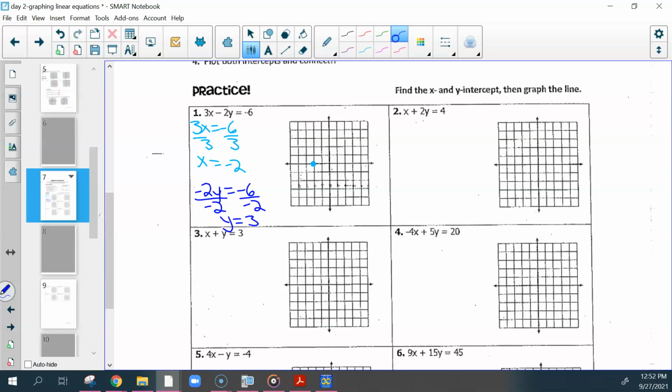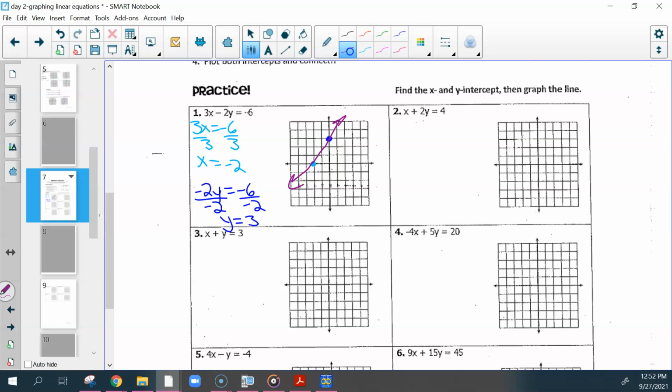So solve for Y, get that Y intercept, plot that point. You need 2 points to make a line, so once you have those 2 points, connect them. And now we graph this by intercepts.